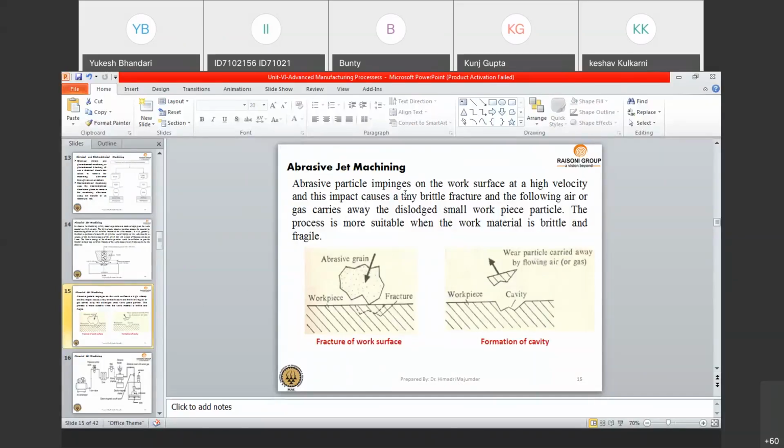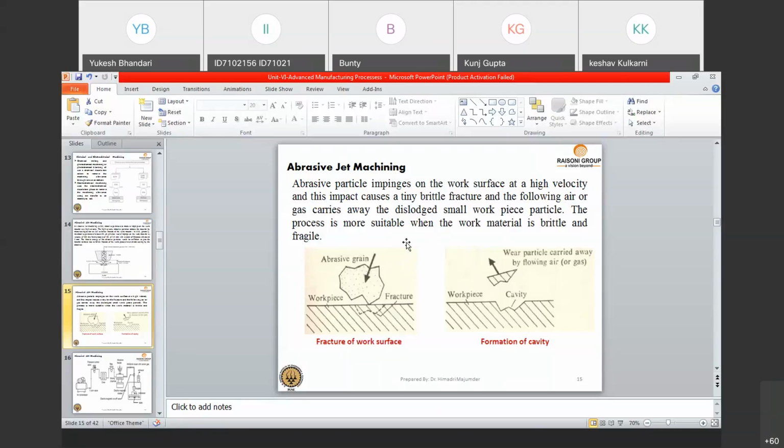Abrasive particles impinge on the work surface at a very high velocity, and this impact causes a tiny brittle fracture, and the following air or gas carries away the dislodged small workpiece particles. The process is more suitable when the work material is brittle and fragile. So remember, when your workpiece is brittle in nature, we generally use abrasive jet machining.